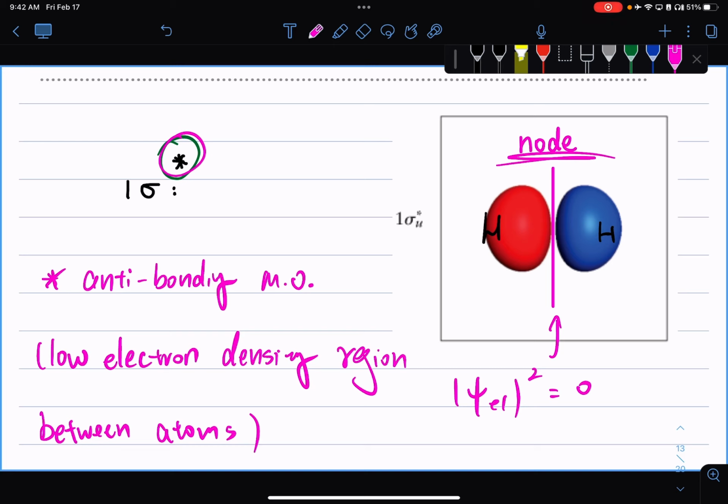Yes? If there were to be multiple atoms, would it be a radial node around it? So the question is, are we going to talk about multiple atoms? Quick answer is we don't look at more than 2 atoms in the MO theory. We only look at the diatomic molecules. Again, we're talking about just a chemical bond, right? What is the nature of one single chemical bond?